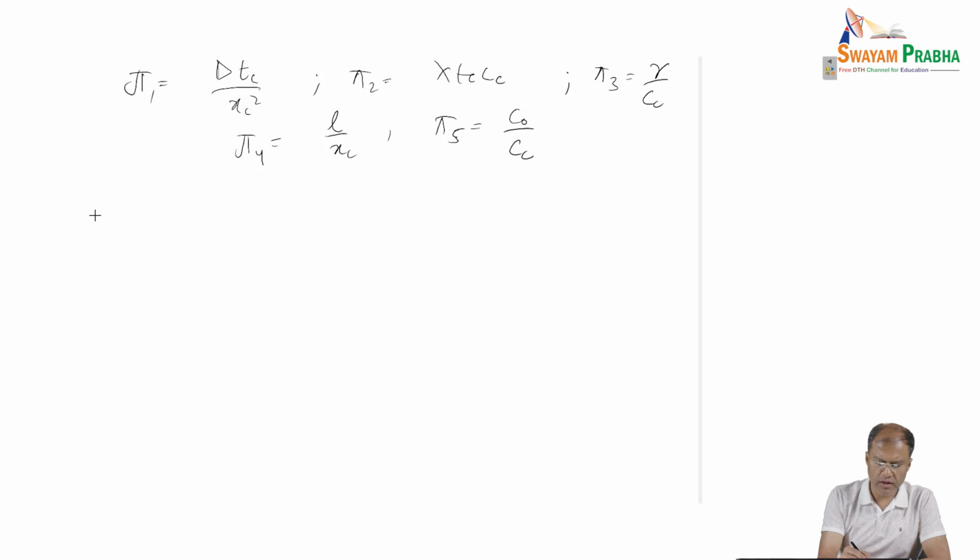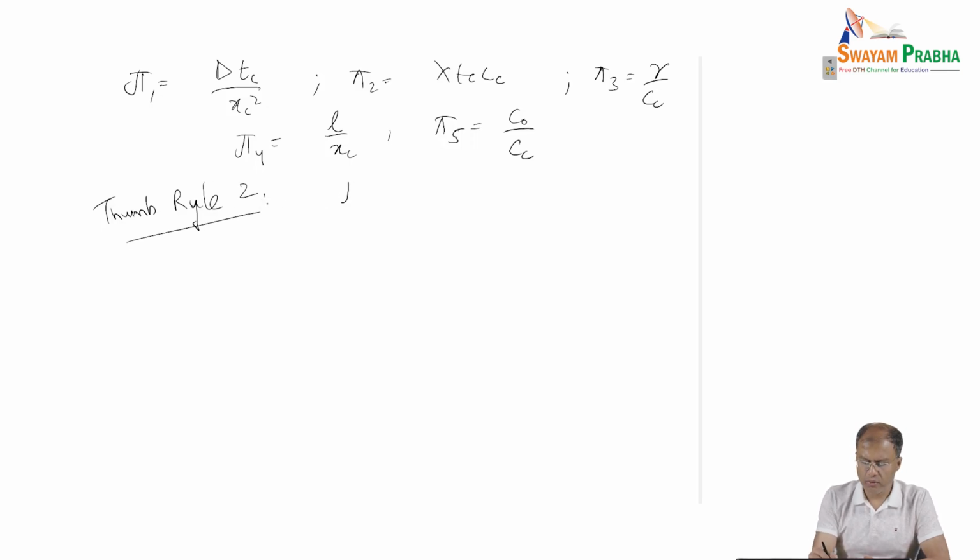And of course, thumb rule 1 says that we set pi 4 equal to pi 5 equal to 1, and from here we can find that x_c, the characteristic length, is L and the characteristic concentration is c naught.